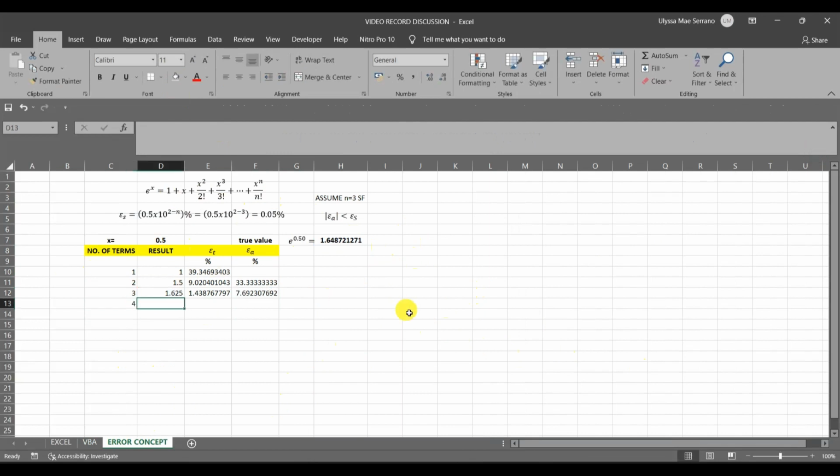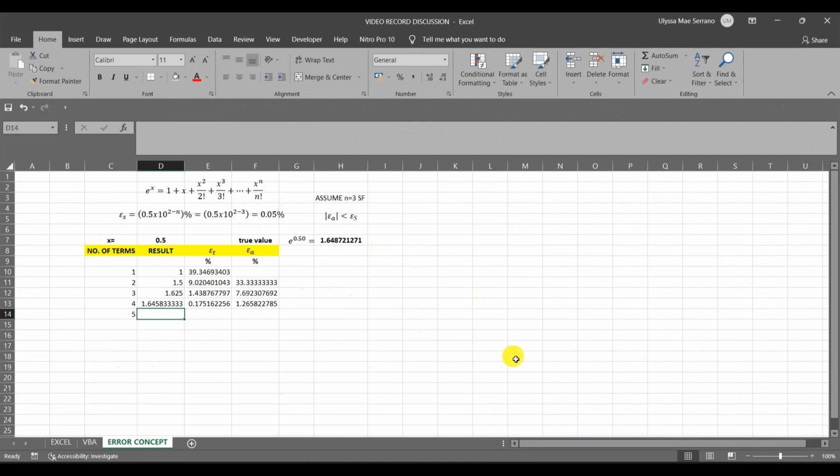The fourth, so meron tayong apat na term. Yung pang third naman ang gagamitin natin. And this will be x raised to 3 divided by 3 factorial. So, same procedure. Epsilon sub t, epsilon sub a. Kita nyo, hindi pa tayo less than 0.05. So, we'll use the fifth term. So, for the fifth term, nakikita nyo na wala na siya dito.